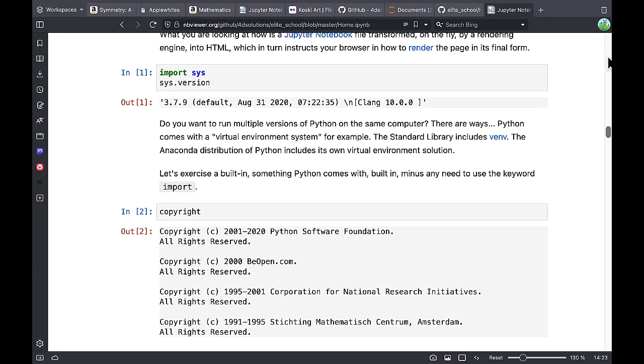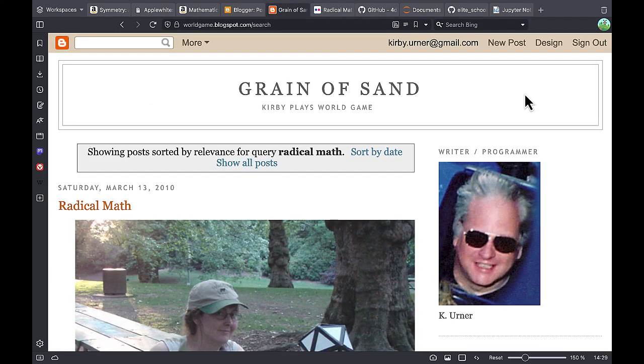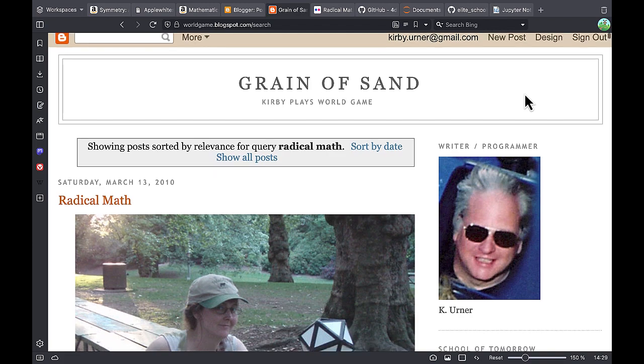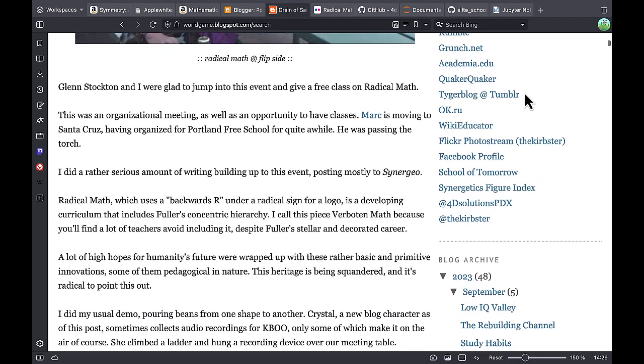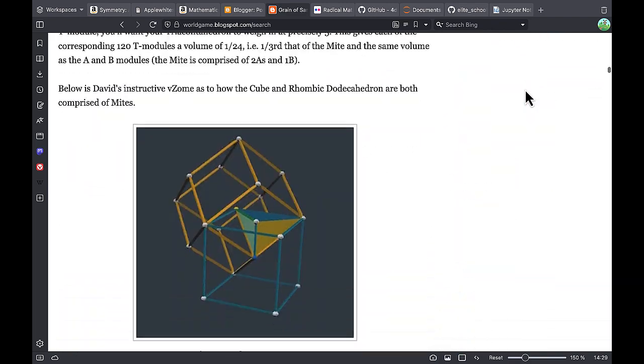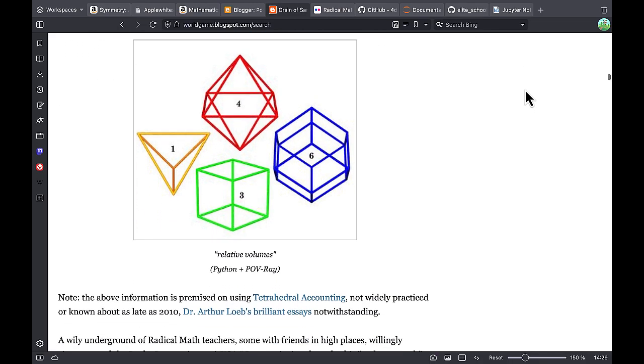I won't say fork. It's not that radical in some ways, but it is in others. So I do talk about it as radical math, going back, even verboten math, because probably you haven't heard of it. But then you're probably not using Python in your high school yet either. In France, I think it's better, right? More advanced in France.